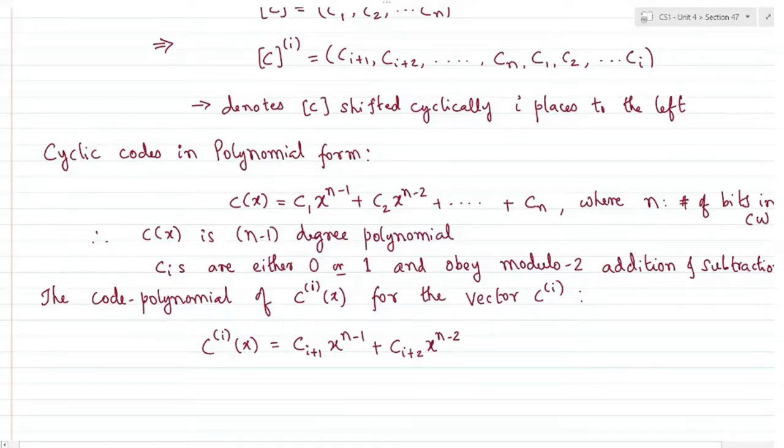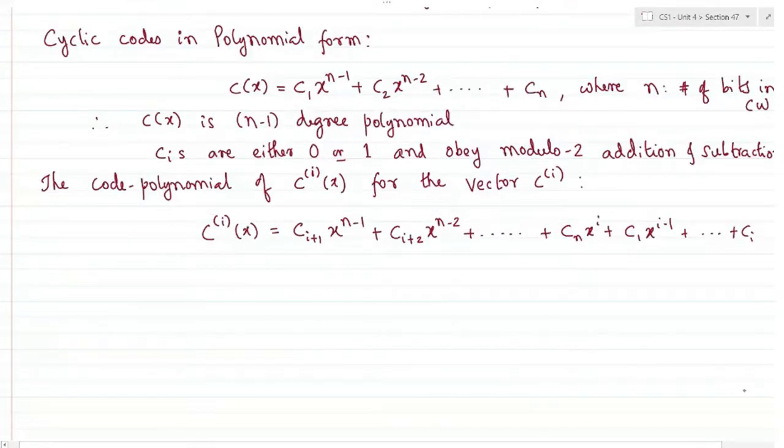Obviously the cyclically shifted version should also have degree n minus 1, because we are not multiplying with any other quantity at this point. So this is Cn x^i plus C1 x^(i-1) up to Ci times x^0.